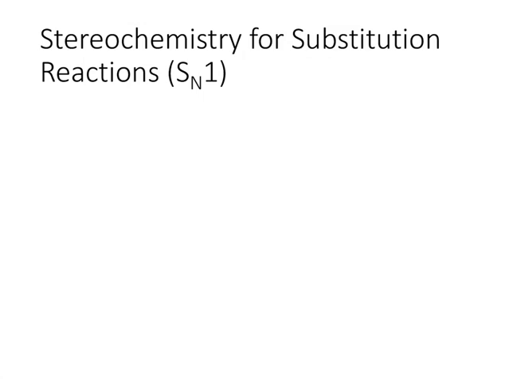So let's say that we have the following. Okay, and that's going to react with a chloride ion. So remember from earlier we talked about electrophiles and nucleophiles. So which one of these reactants would be the nucleophile?